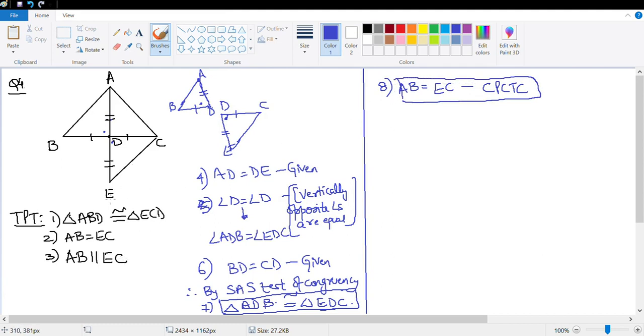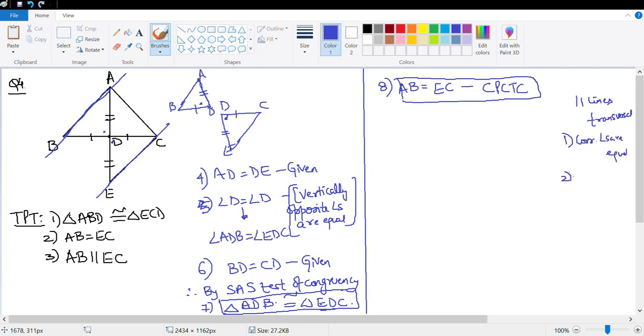AB is parallel to EC. So I need to prove that this line and this line are parallel. Now let's revise certain properties of parallel lines. In parallel lines, if you have a transversal, which is the line which cuts a pair of parallel lines, then corresponding angles are equal.